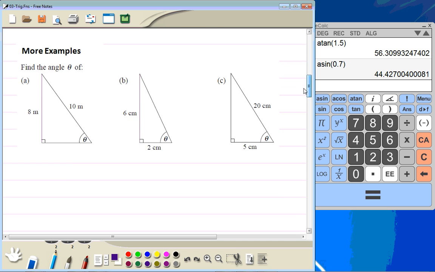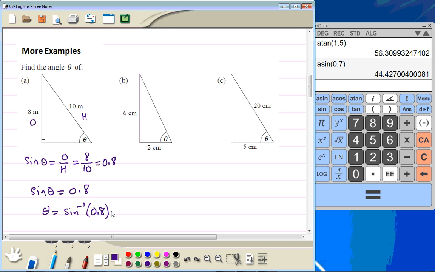We do some more examples. So again, this is hypotenuse, this is opposite. So sine theta is equal to opposite divided by hypotenuse. In this case, 8 divided by 10, which is 0.8. So sine theta is 0.8, so theta is going to be sine inverse 0.8.